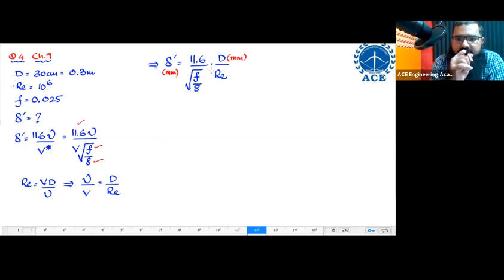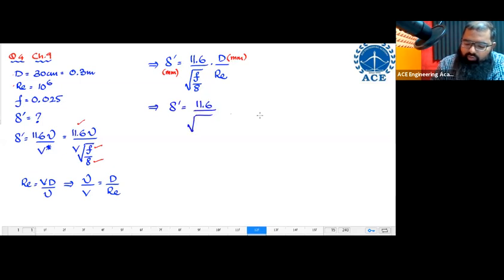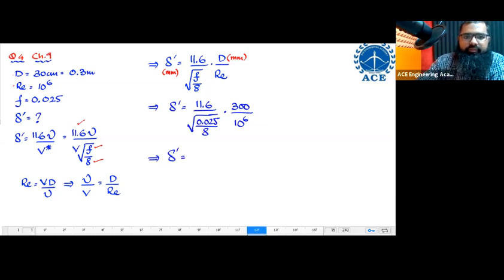So delta prime is equal to 11.6 upon root over of 0.025 divided by 8, multiplied by 300 by 10 power 6. Get me the value of delta prime from here. Please start. 0.0622 is the value.